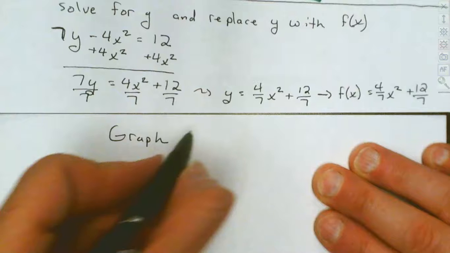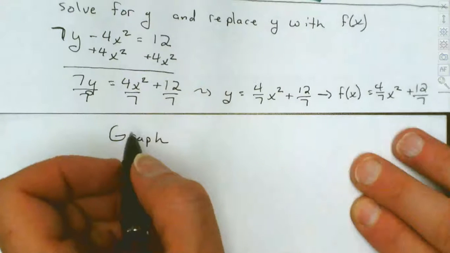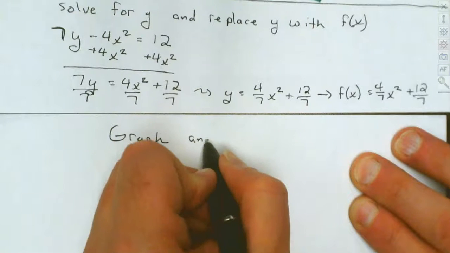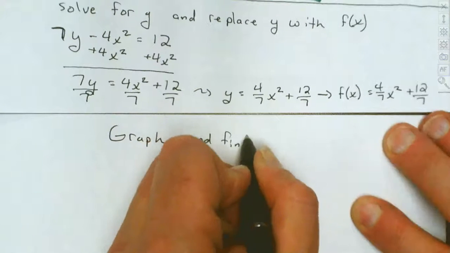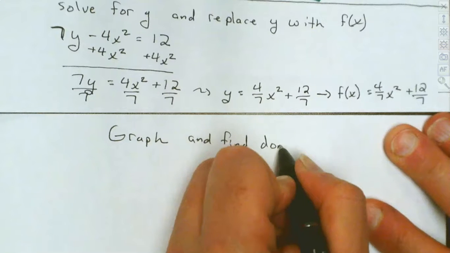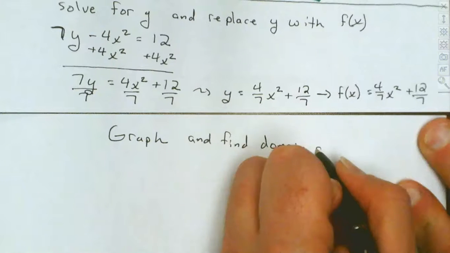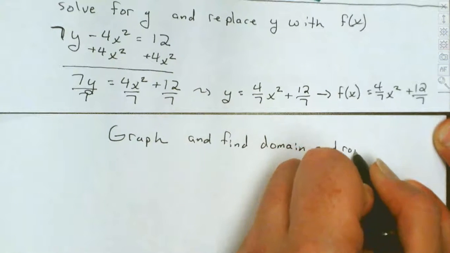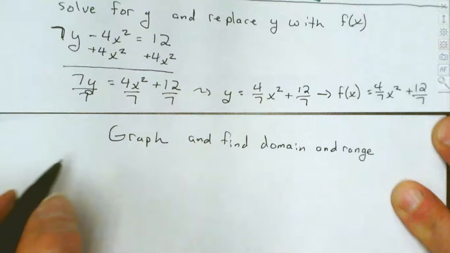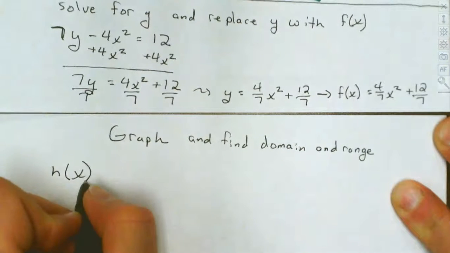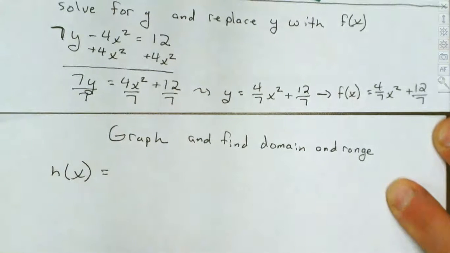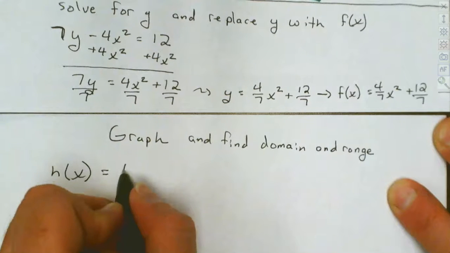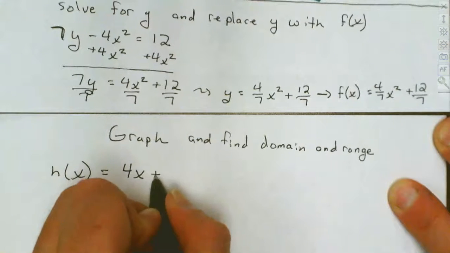We're going to graph and also find the domain and range. And we'll use an h of x here. So let's say h of x equals 4x plus 3.